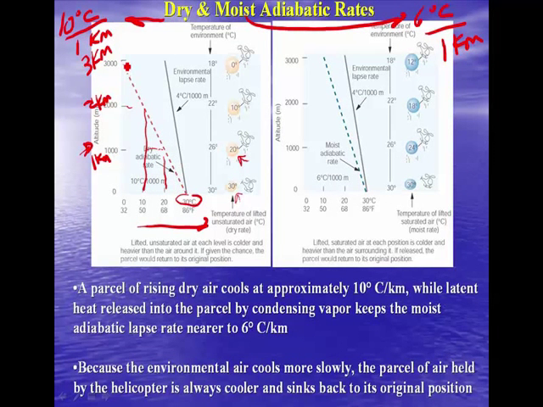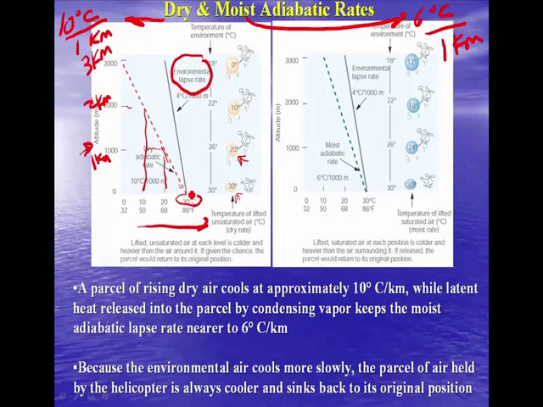Now this other line is also a temperature change, but it's the temperature change of the atmosphere, not the air parcel. The air parcel's change in temperature is represented by the dry adiabatic lapse rate that I'm pointing out right here. The change in the surrounding atmosphere is represented by what we call an environmental lapse rate.